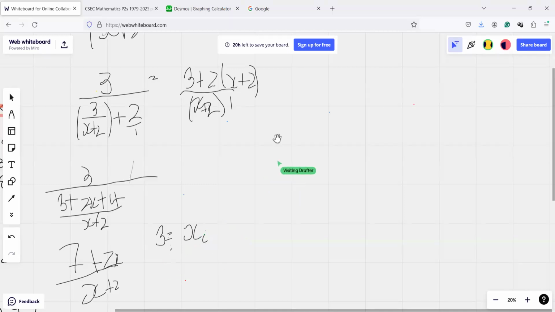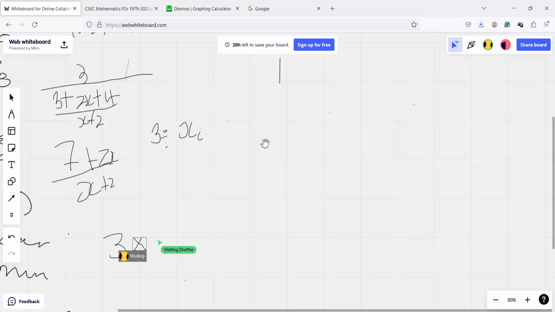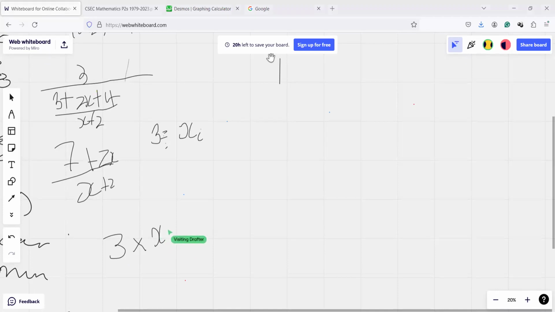So it's still 3, still 3 times, we're going to flip the second fraction, which would be x plus 2 at the top.